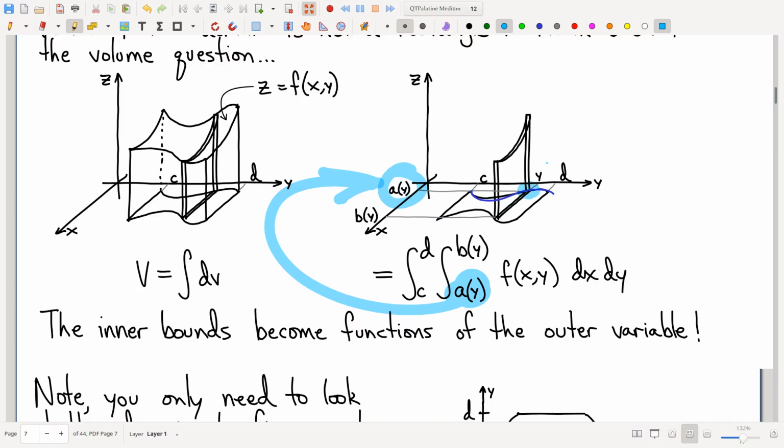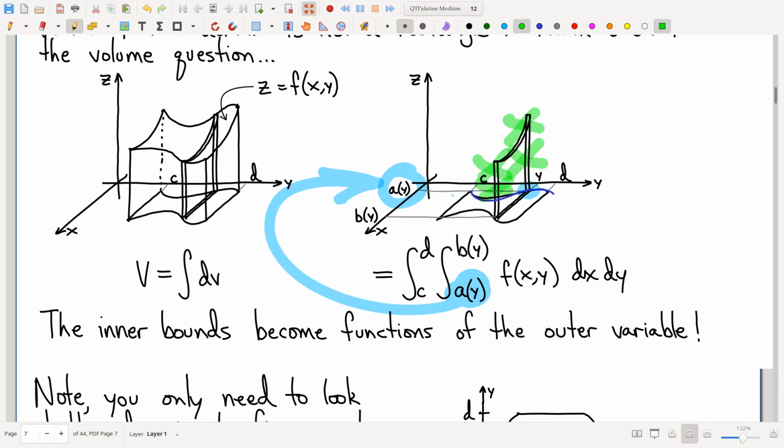Notice that all this three-dimensional stuff up here is irrelevant to that question. How high is the slice has nothing to do with where my integral starts. That's going to compute the area of that slice. Everything that I need to determine these bounds is in the domain. It's only about the shape of the domain. The height, aka the integrand, doesn't come up.